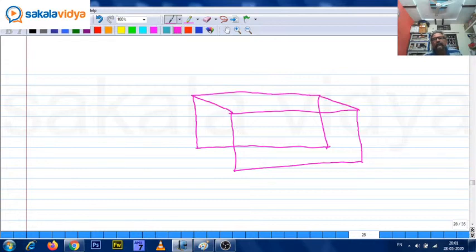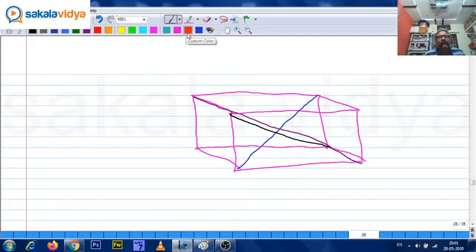You join this one. This is a 3D figure, three-dimensional figure. This is a parallelepiped. So now see, this is the one diagonal. Okay, this will be the other diagonal. Next, this will be the other diagonal. Now this will be the other diagonal.